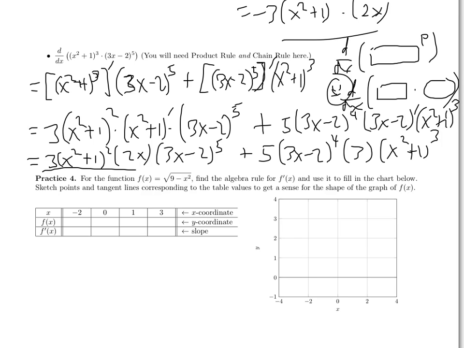So that's long and messy, and it can be simplified a little bit because I can certainly see that 3 times the 2x is 6x. That's easy to see, and 5 times 3 is 15. And there are some common factors. There's some common x squared plus 1s. There's some common 3x minus 2s.